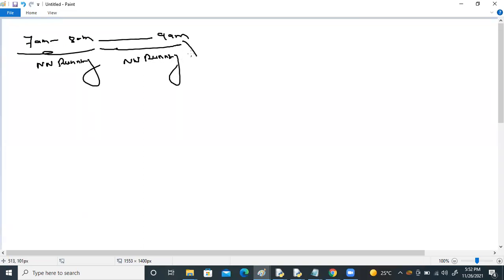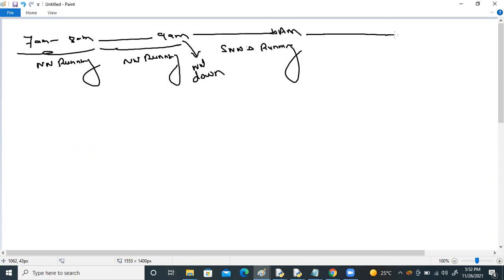At 9 a.m., assume that the name node goes down. From 9 to 10, the secondary name node is running. For example, at 10 a.m., name node up.